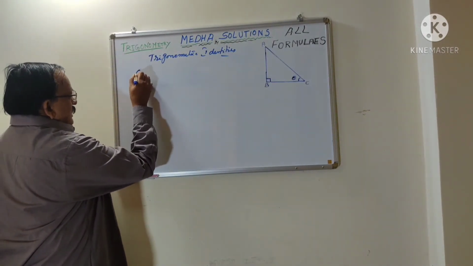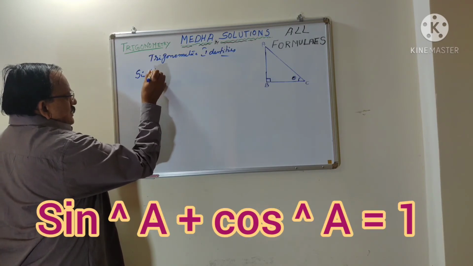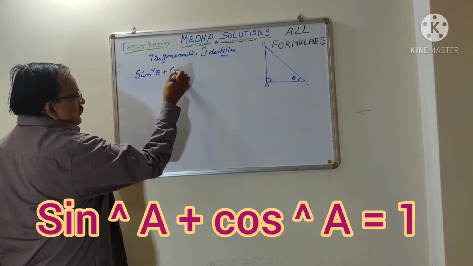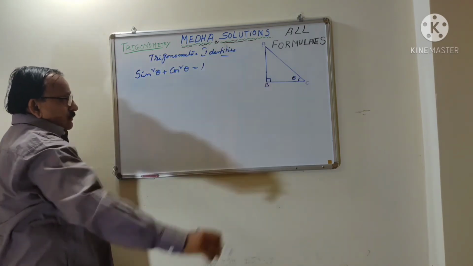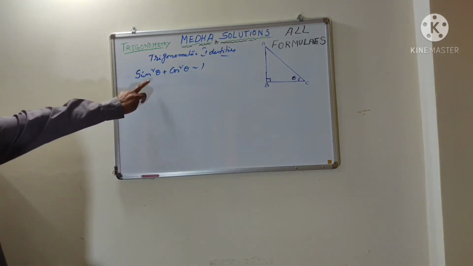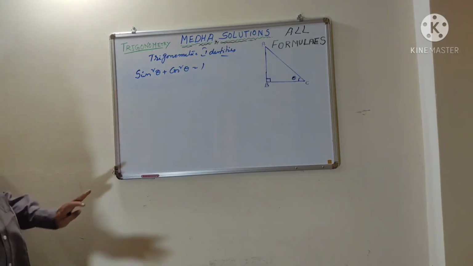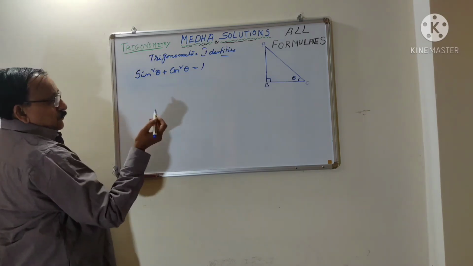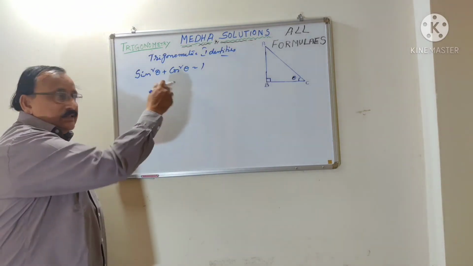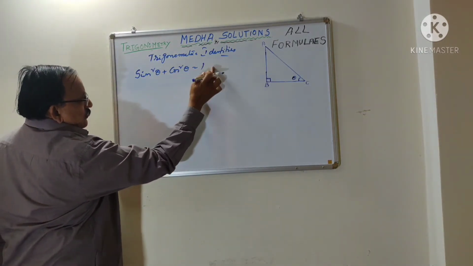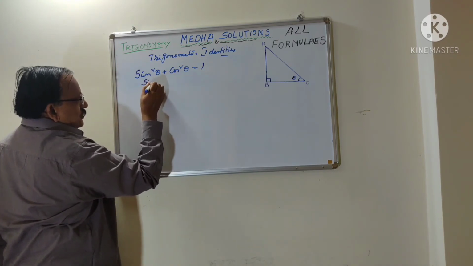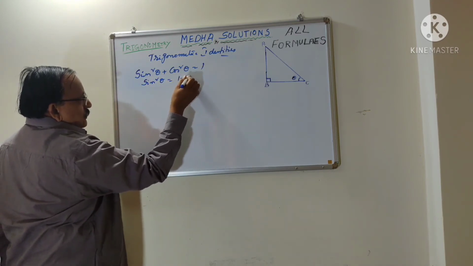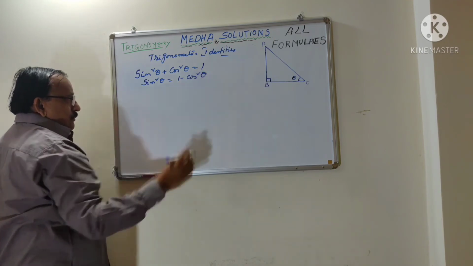Now, the first identity is sin square theta plus cos square theta is equal to 1. See, sin square theta plus cos square theta is equal to 1. So, this is the identity. We can derive so many identities with this. If you send cos square theta over here, sin square theta is equal to 1 minus cos square theta.